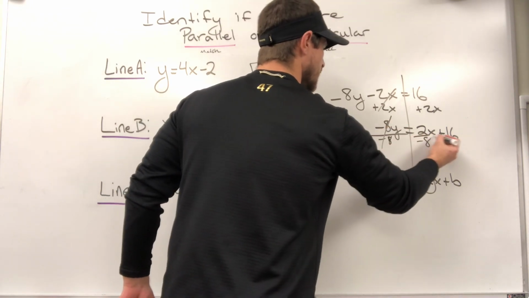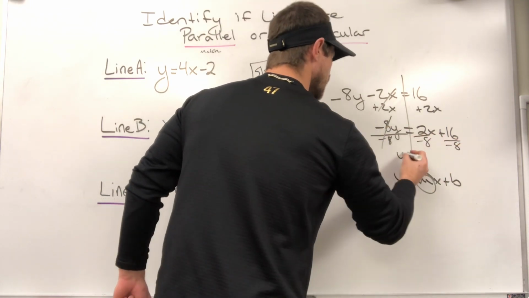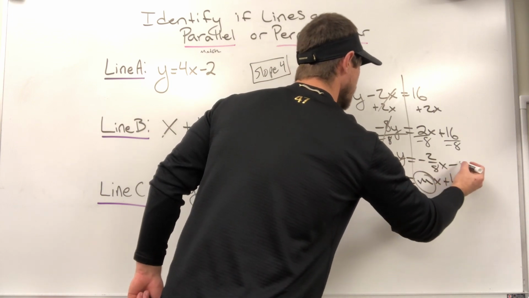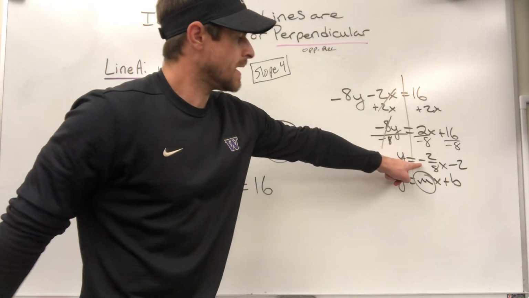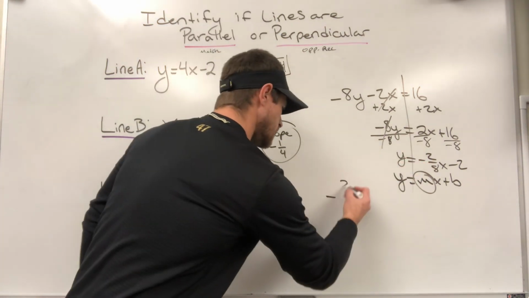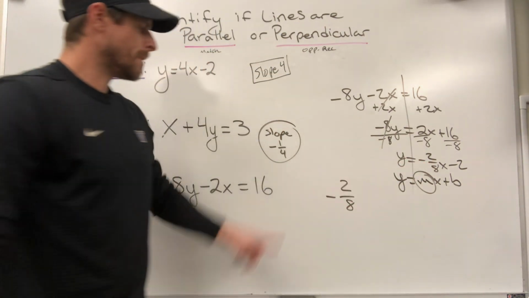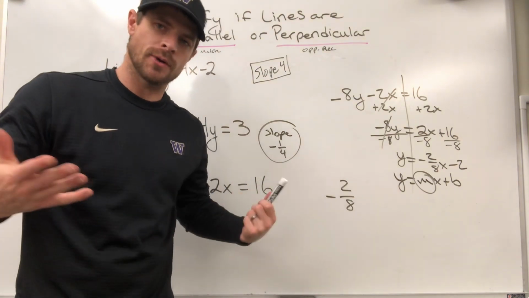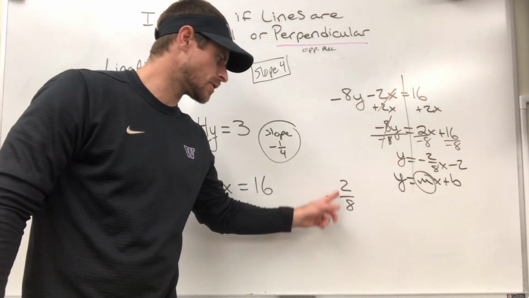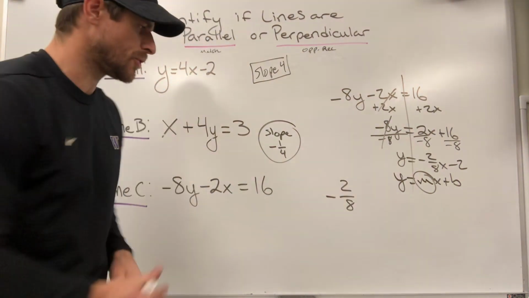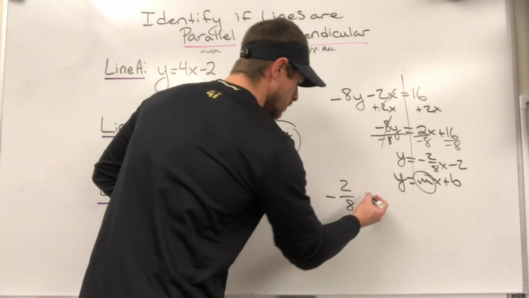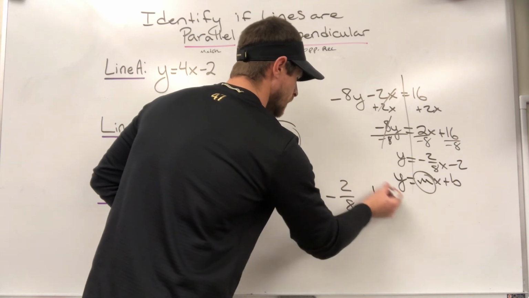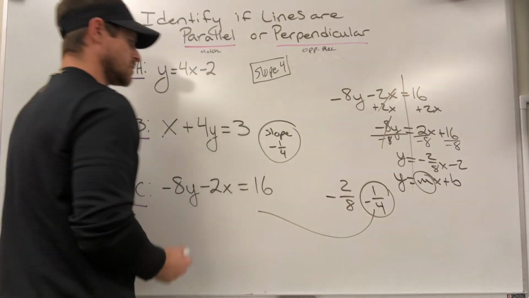I'm left with y equals -2/8 x minus 2. -2/8 is our slope. That should definitely stand out to you as a fraction that can be simplified. How do I know it can be simplified? Both numbers are even. That means you can cut them both in half. What's half of 2? 1. What's half of 8? 4. -1/4 is the slope for this one here.